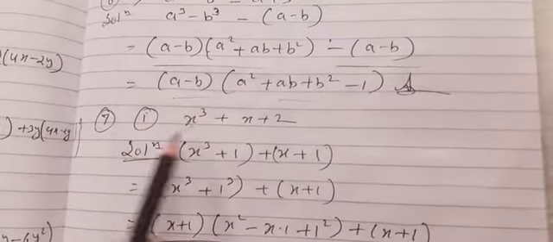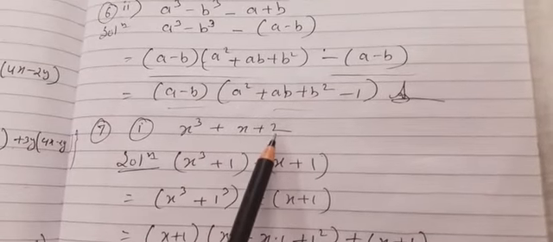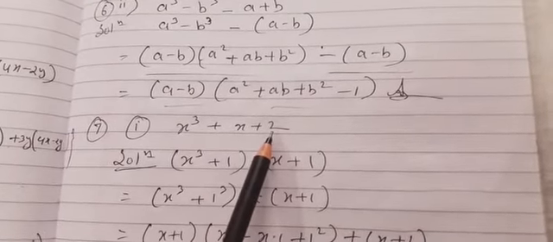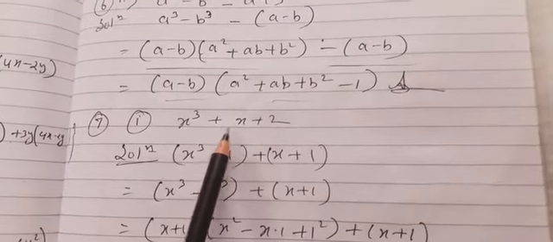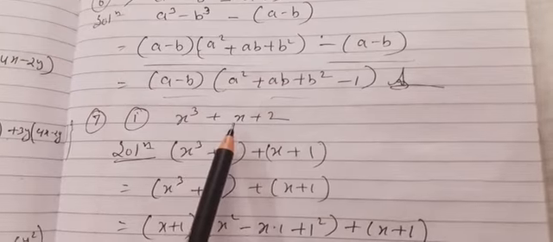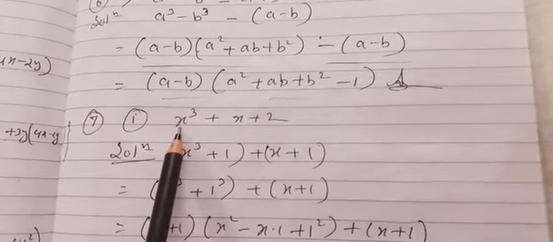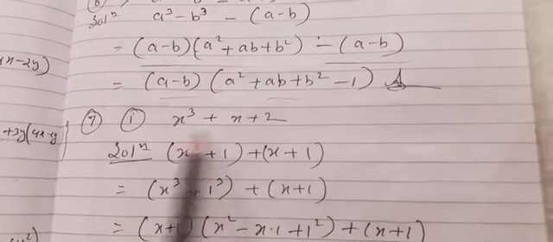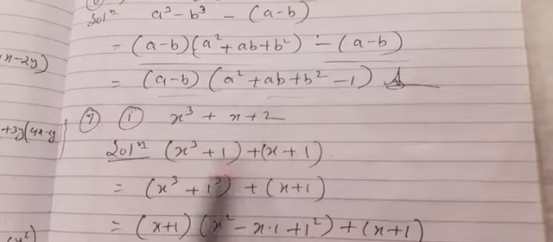Now 7th first question was x cube plus x plus 2. If we think of any method, whether exercise 4.1, 4.2, 4.3, 4.4 or this one, directly we can't solve it by using any method. Then what we'll do, we have to use some trick. What I have done here, I have split 2 into 2 terms, 1 plus 1.